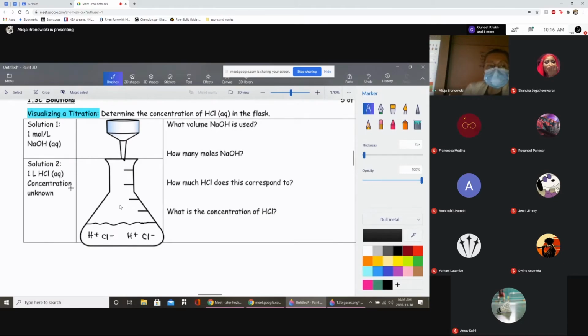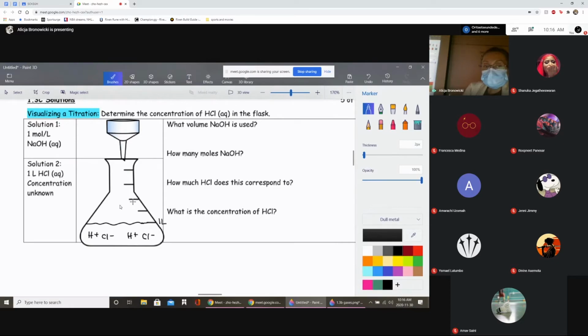So I've got dissolved hydrochloric acid, and I know that I have 1 liter of it, but I don't know the concentration. I don't know if this is 2 moles per liter or 3 or 4 moles per liter, but I do know that I have 1 liter of this hydrochloric acid.